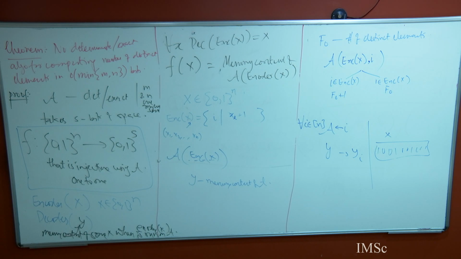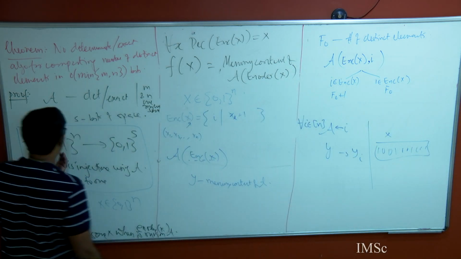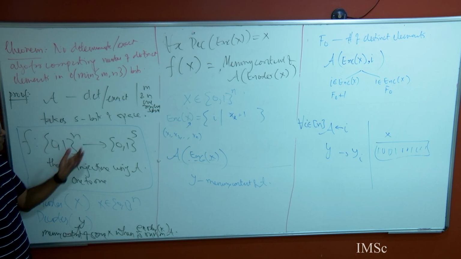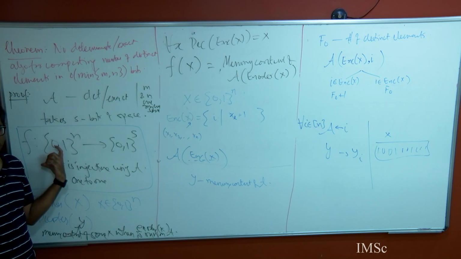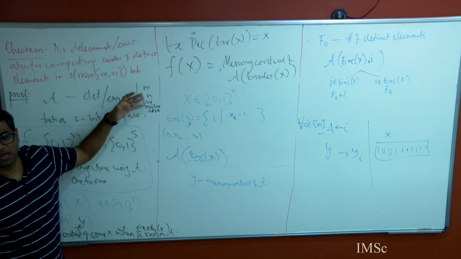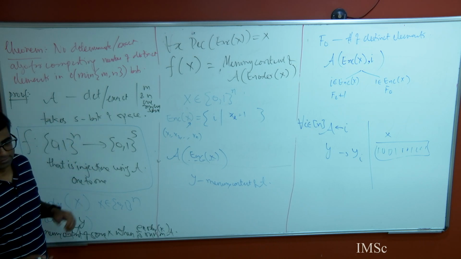So what did we learn from here? Since this is a function from 0,1 to the n, the number of distinct elements, at least in this family, could be as many as n itself. So m and n are related to each other here. What does this proof tell us?